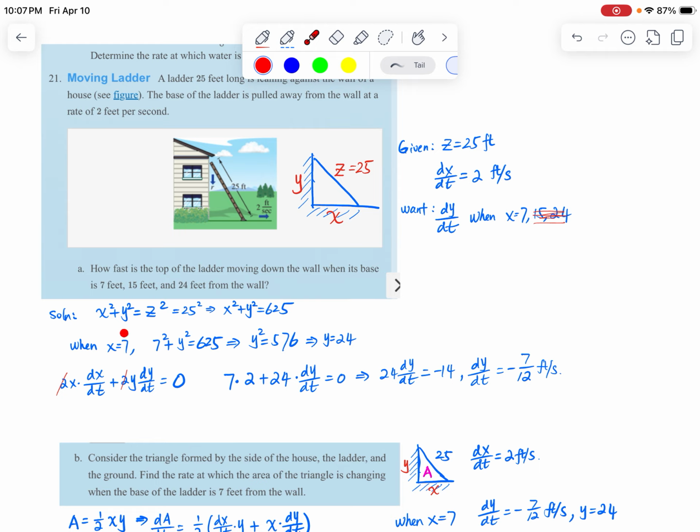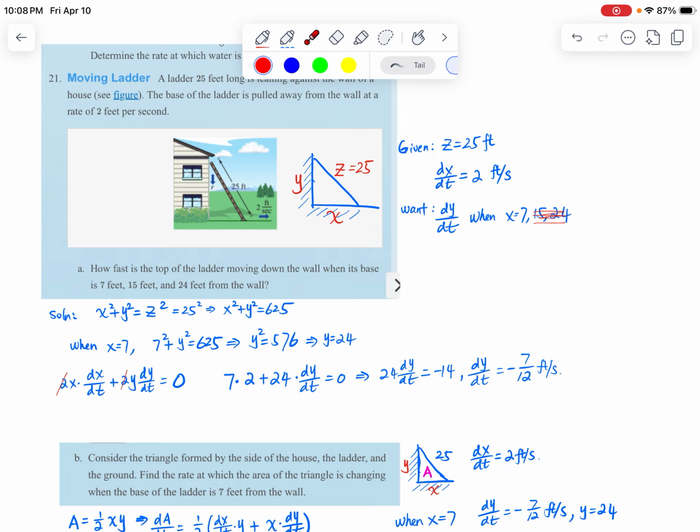So when x is equal to 7, using the Pythagorean theorem, 7 squared plus y squared is 625, which means y squared is 625 minus 49, which is 576. When you take the square roots of both sides, we ignore the negative value because y has to be positive. And y is going to be 24.